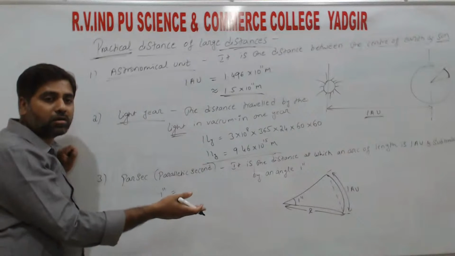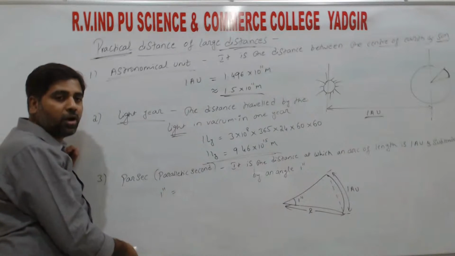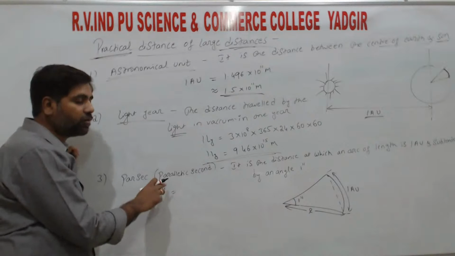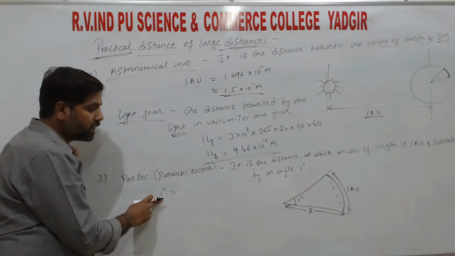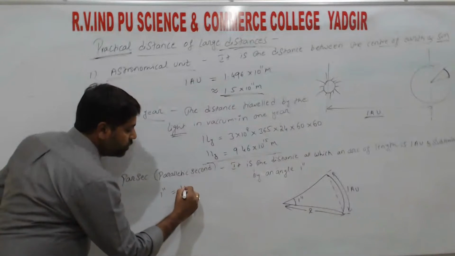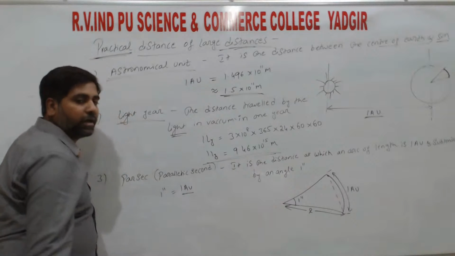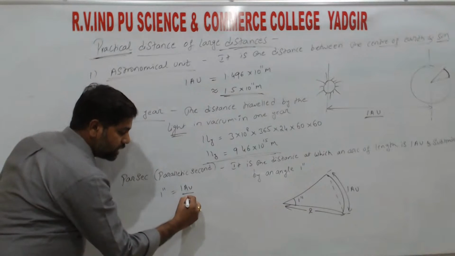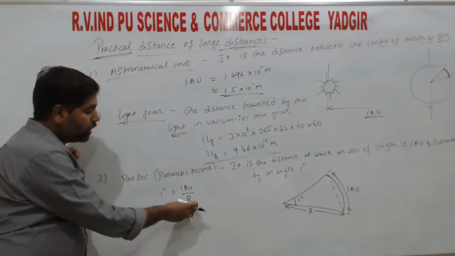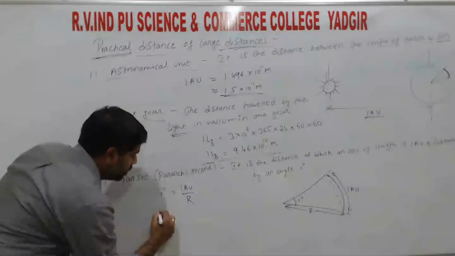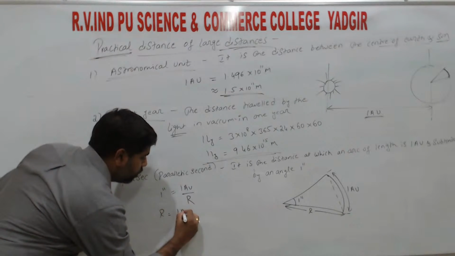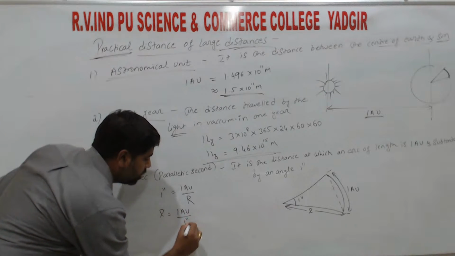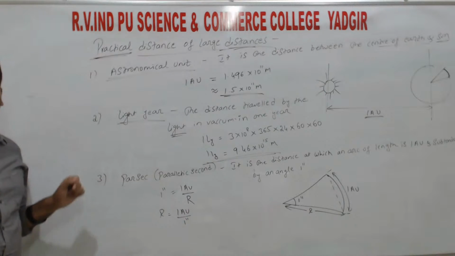So for large distances the angle theta is approximately equal to tan theta and sin theta, right? So theta is equal to opposite, which is 1 astronomical unit, divided by the parallactic second, that is r. So we are going to find the value of r, right? So r is equal to 1 AU divided by 1 minute, right?